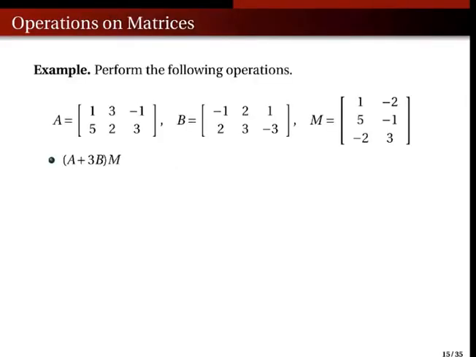So copy that A plus 3B and then multiply it to M. And take note, A plus 3B will have size 2 by 3 also, because A and B have the same size and we were able to multiply A times M and B times M. Okay? Question. Okay.